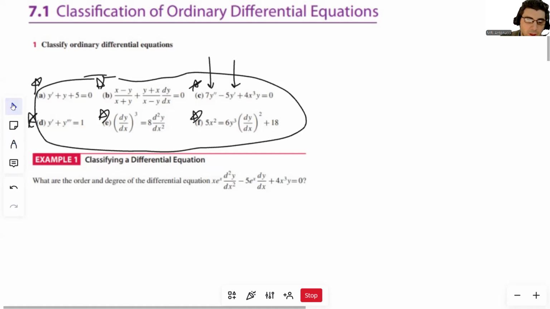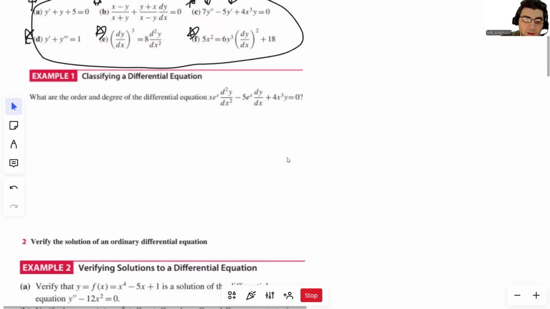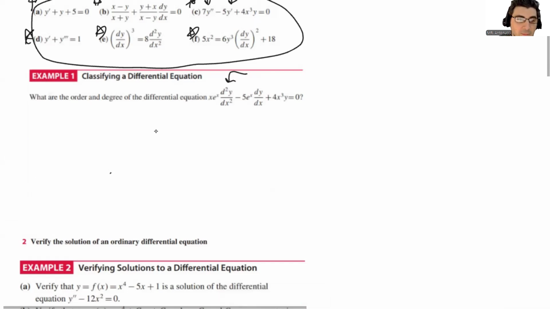So the next thing we want to do is look at an example where we just identify the order and degree of the differential equation here. If you look at this one, the highest derivative is the second derivative. So this would be a second order differential equation.